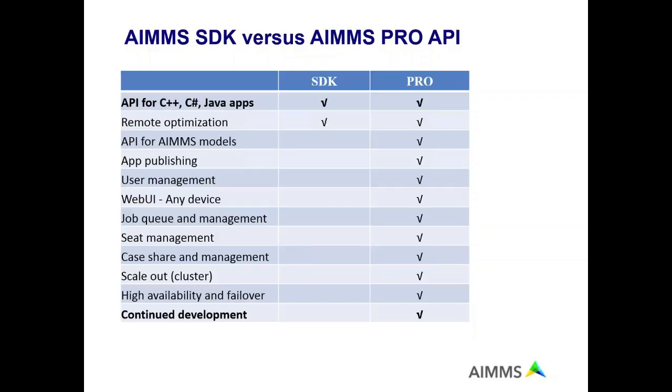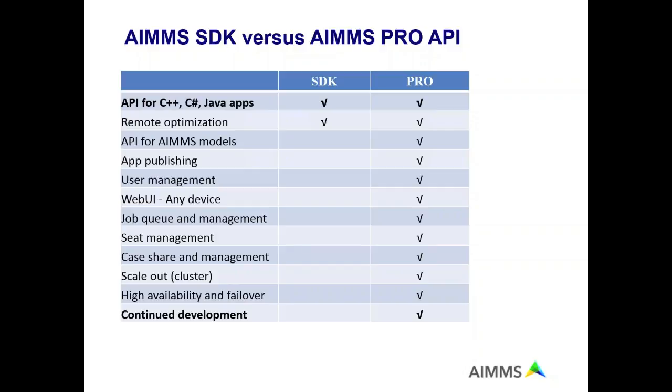Another basic advantage of AIMMS Pro is that cases are shared. The embedded job can also use cases. If you have multiple licenses and multiple servers in your cluster, multiple solver licenses, then you can scale out by deploying your group of machines, which also brings me to the next point.